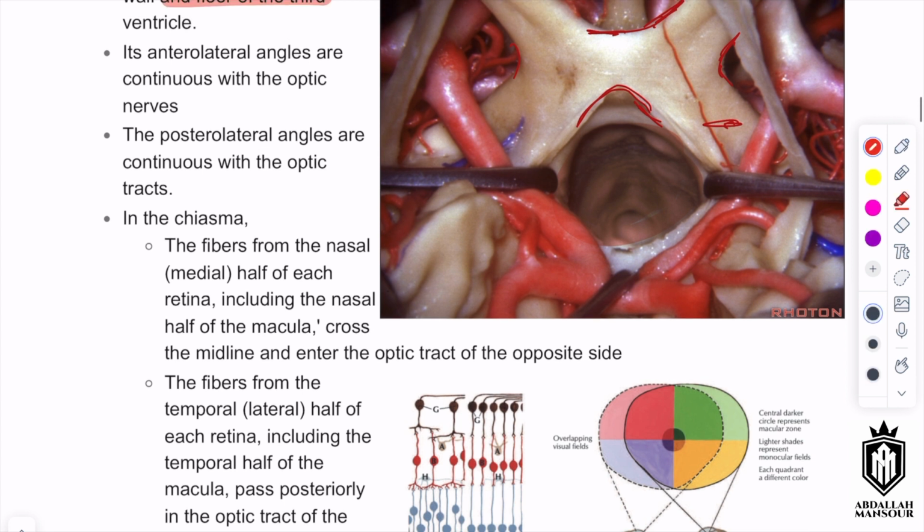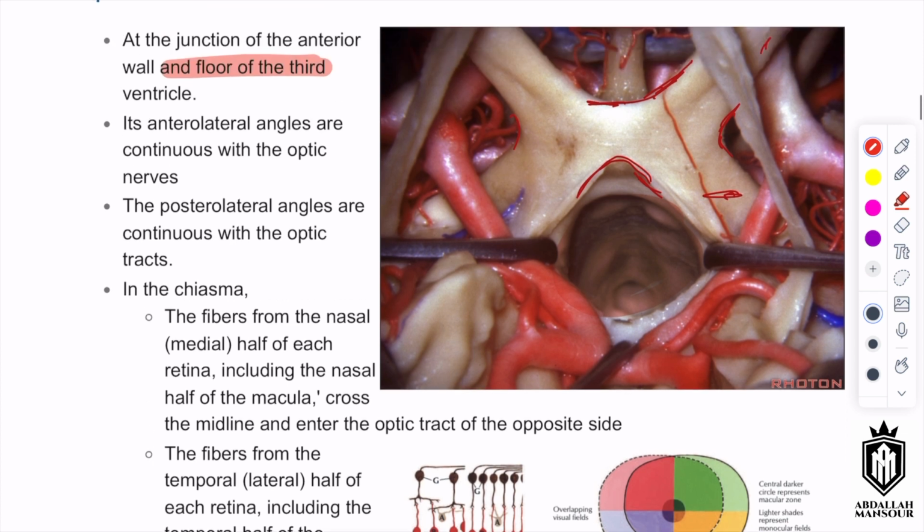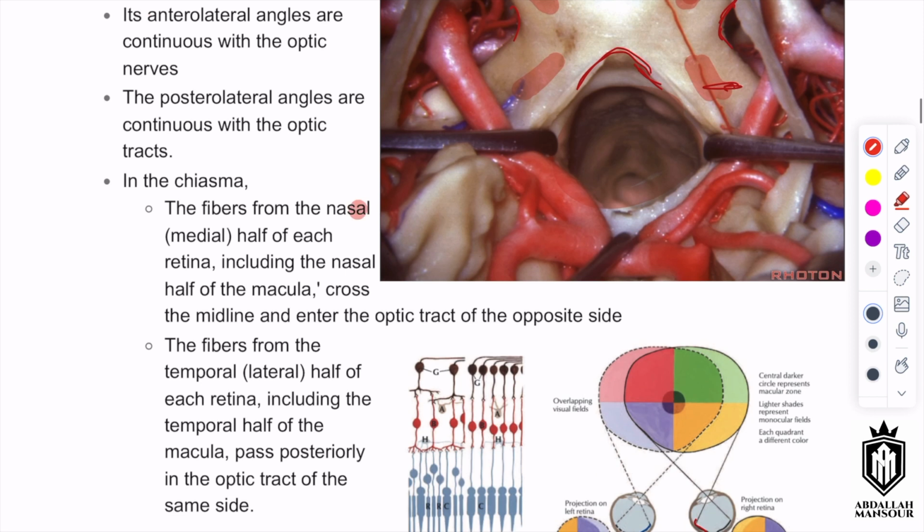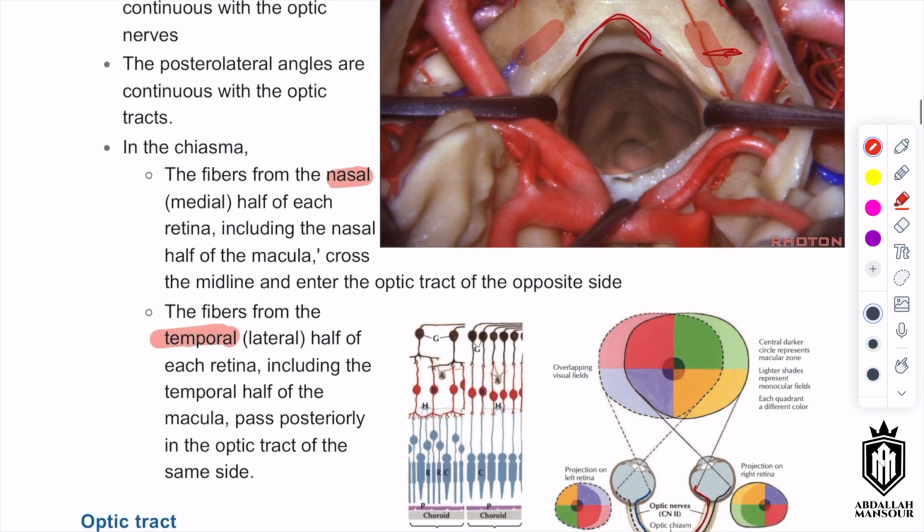It's present at the junction of the anterior wall and the floor of the third ventricle. Its anterolateral angle is continuous with the optic nerve, and the posterolateral angle is continuous with the optic tract. And in the chiasm, we talked of fibers from the nasal side will cross, and the fibers from the temporal side will not cross.